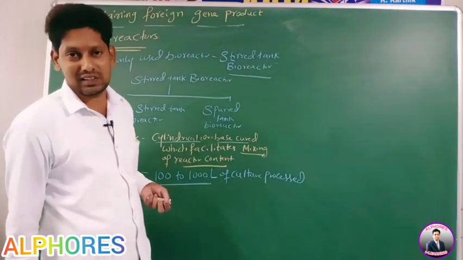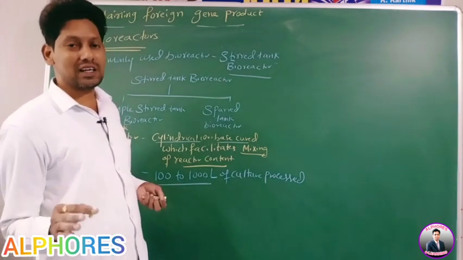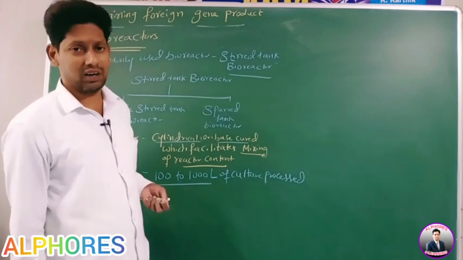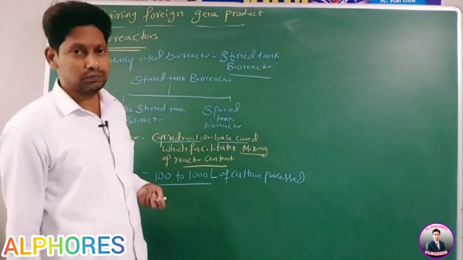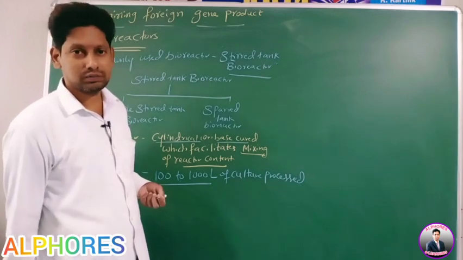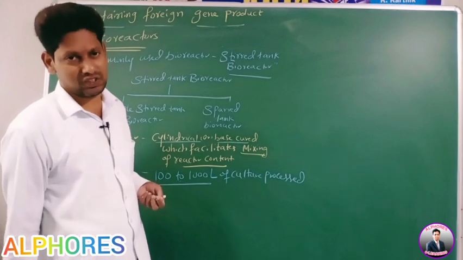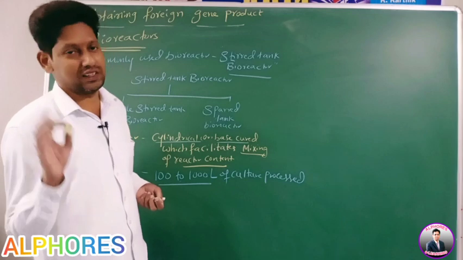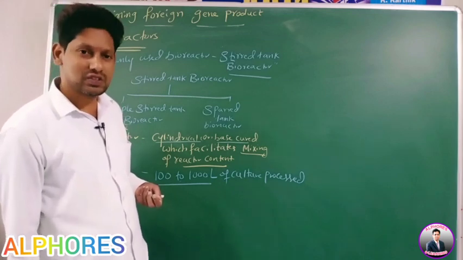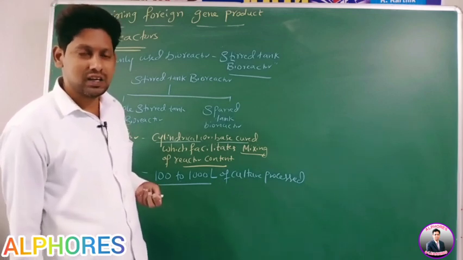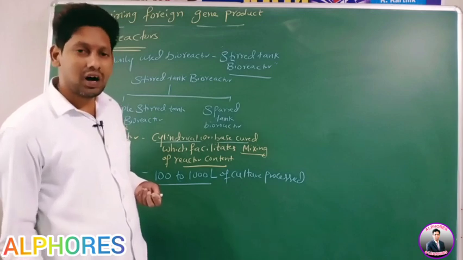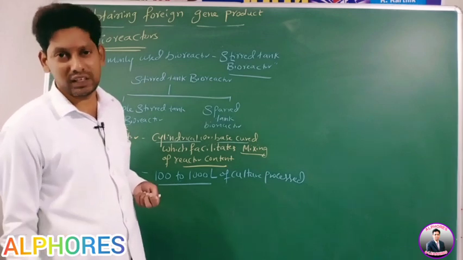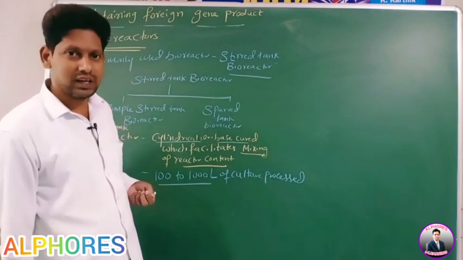Bioreactors are vessels in which raw materials are biologically converted into specific products or individual enzymes, and so on, using host cells. Those host cells may be plant, animal, or bacterial cells. Even human cells we can take. Is this statement okay? Right?